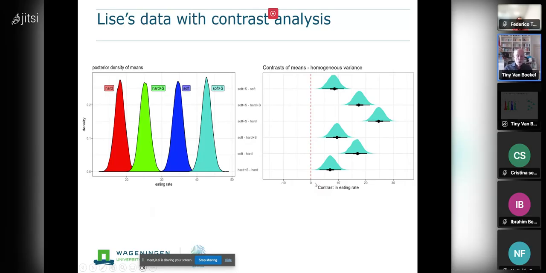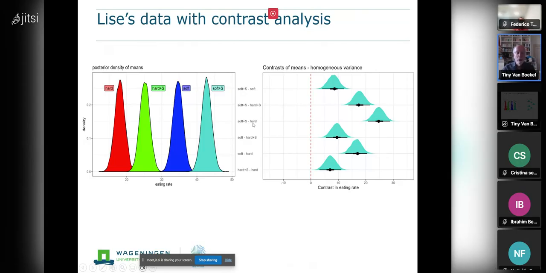And if the contrast would be 0, it means that there is no effect. But you see that the posterior distributions of the contrasts are all above 0, which means that there is an effect, but also that there is a difference between the different treatments. And the biggest contrast is between the soft carrots with sauce and the hard carrots without sauce.